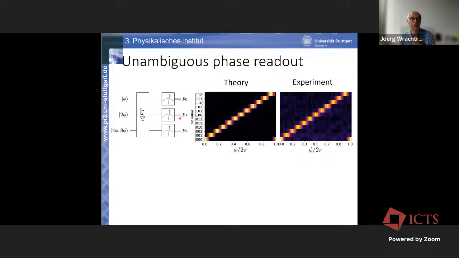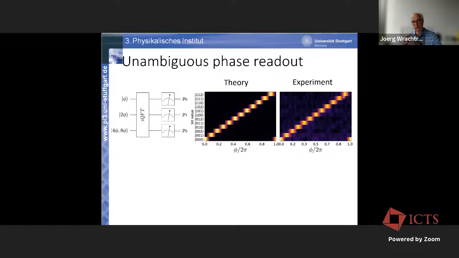So essentially, you digitize the phase you are looking at. And these are now the bit values, 0, 0, 0 for the 3 qubits, 0, 0, 1, and so on and so forth. Okay. And this is what you expect in theory when you actually do a simulation of the algorithm, and this is what you expect in experiment.